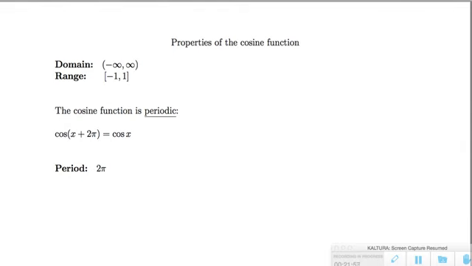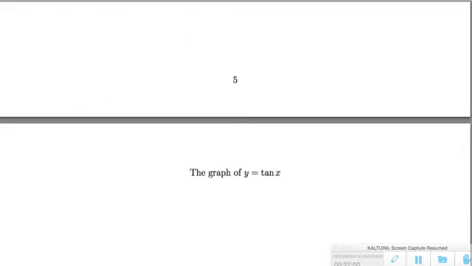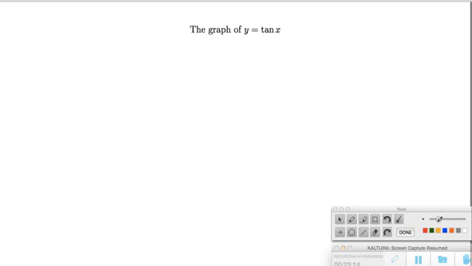All right, the next thing I'd like to show you is how to graph tangent of x. We're going to start with looking at exact values on the unit circle, just like we did with sine x and cosine x.